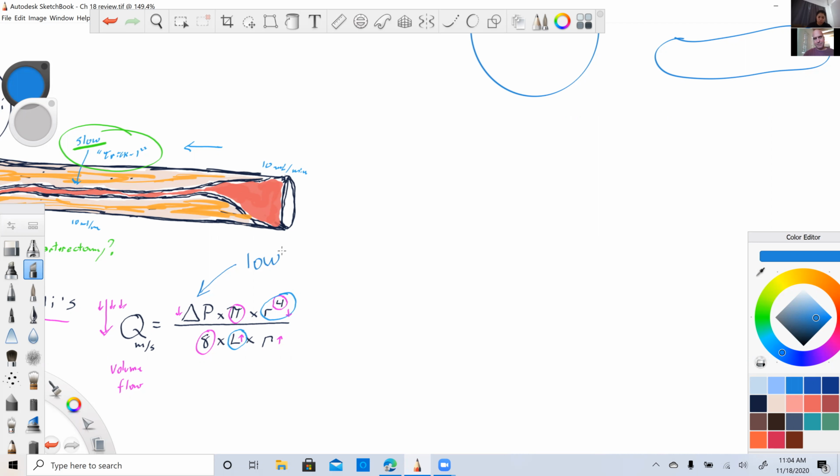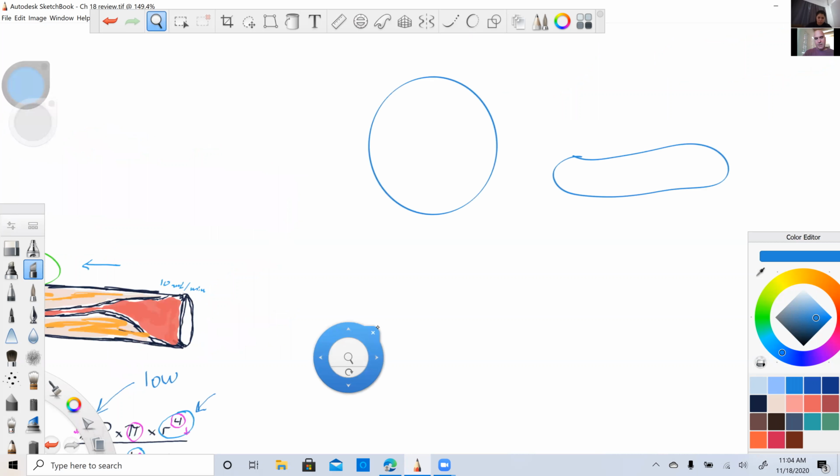I mean, there's some, don't get me wrong, but it's nothing like the arteries. So with delta P being low, let's think about this radius to the fourth power: we have a vessel that can essentially change its radius when needed.